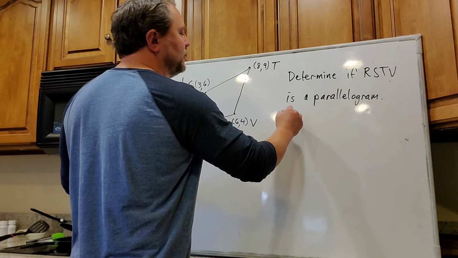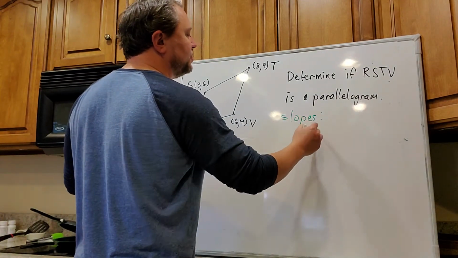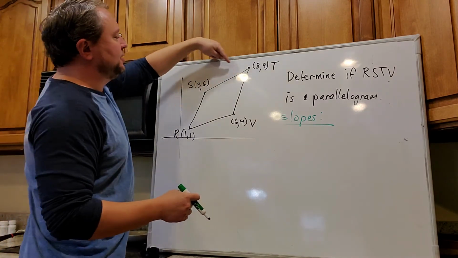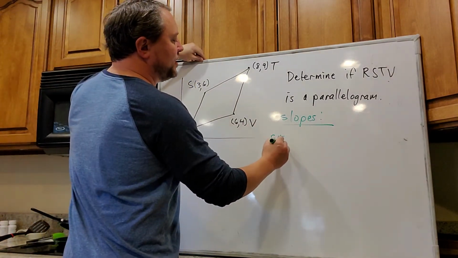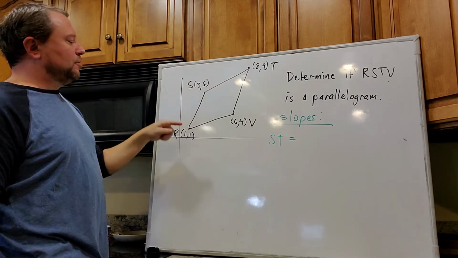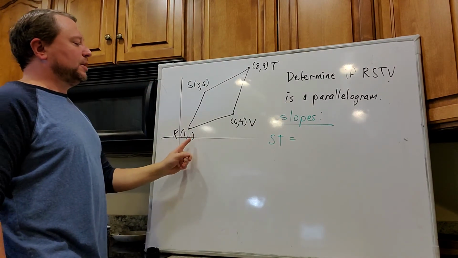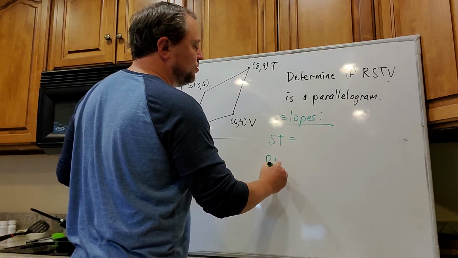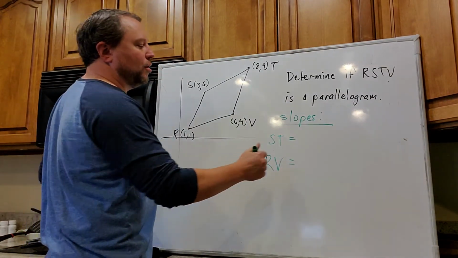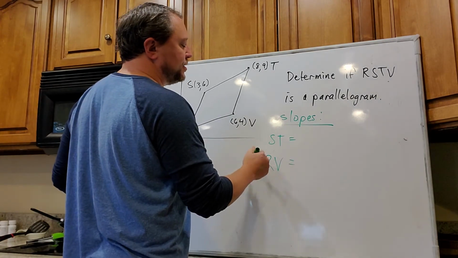We're going to find their slopes. So we're going to find the slope of ST, for example, up here at the top. And of course, if it's going to be parallel to the opposite side RV down here, then these two should end up with the same slope. So we're hoping that these are going to come out the same here.